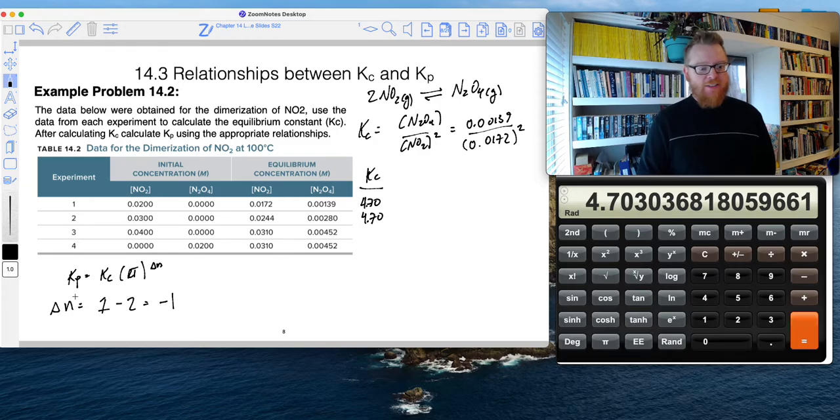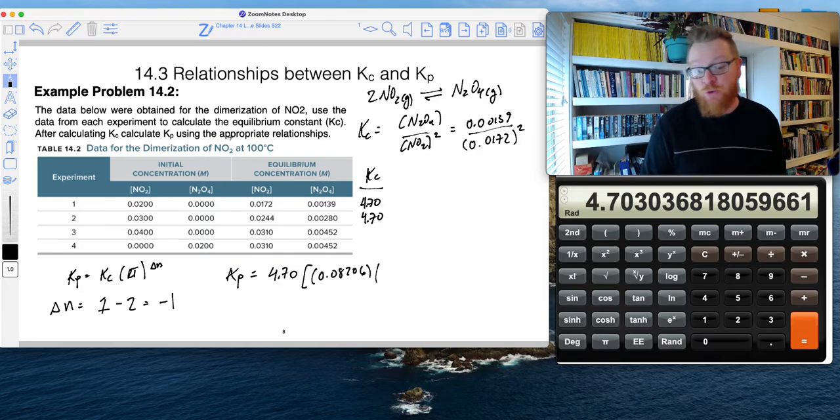And so now let's see here. We can say Kp equals, so we know that Kc is 4.70. I'm going to use brackets not to denote molarity, but just to denote a mathematical operation. My value of R is 0.08206. I'm going to drop writing the units just for ease. Then we need the temperature of the reaction. This says data for the dimerization of NO2 at 100 degrees, so this data was all taken at 100 degrees Celsius.